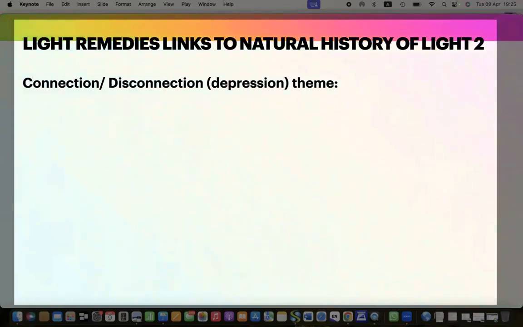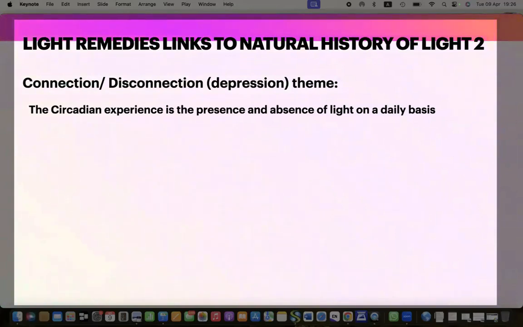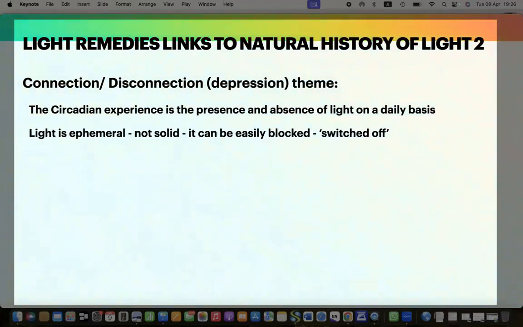And then we've got the idea of disconnection and connection, which has got depression. So the circadian experience needs, as I said before, sunlight in the day and an avoidance of blue light at night. And light, by its nature an imponderable, is not solid, and can be easily blocked and switched off.